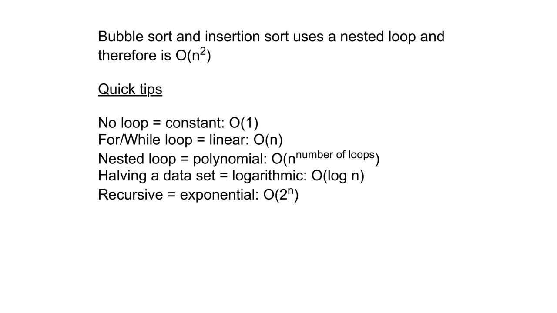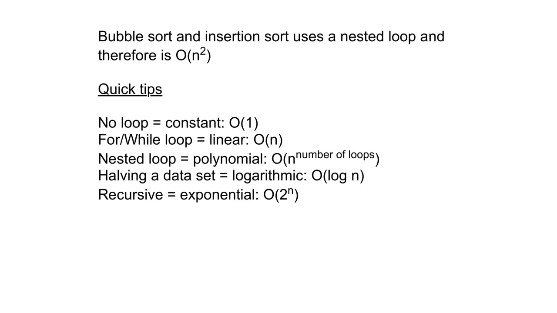There are also a few quick tips that would be helpful for exams, for you to spot in an algorithm what kind of complexity it's using. So if you've got no loops at all, then it's probably constant, or O(1). If you've got a single for or while loop, then it's likely to be linear, so O(n).